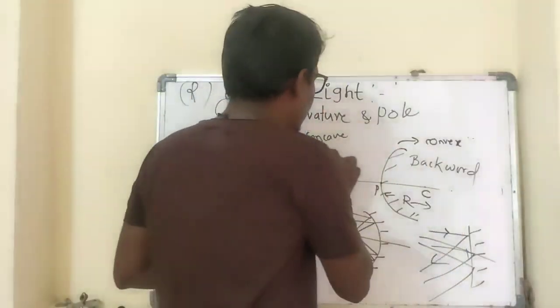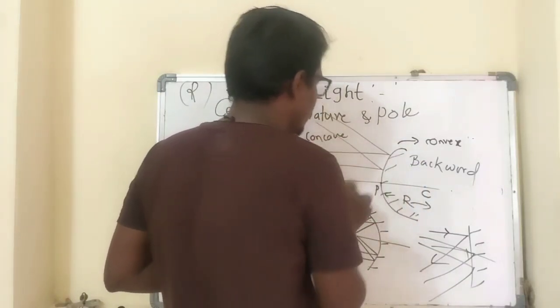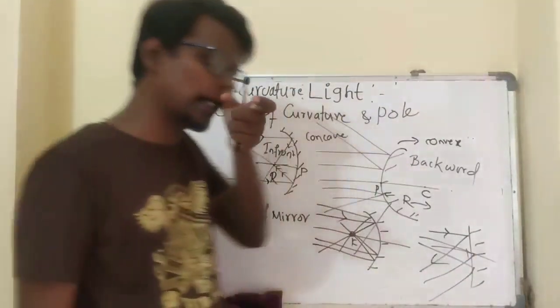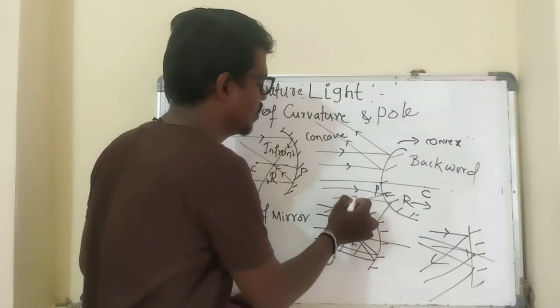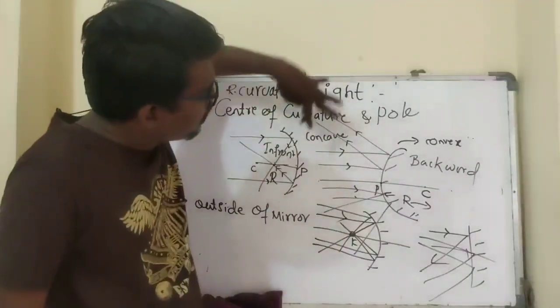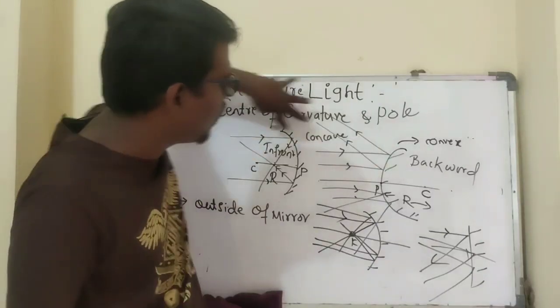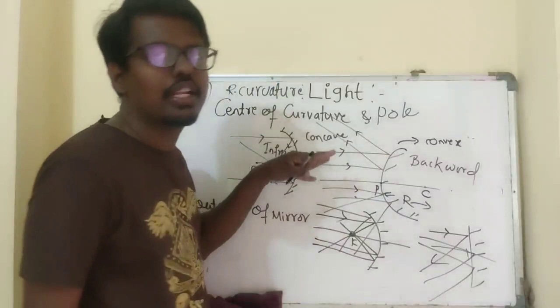Here also it is the same: here the incident ray, this is the reflection; incident ray, reflection; these are the directions. See here, these rays are reflecting in the outward direction, but they will never intersect each other.